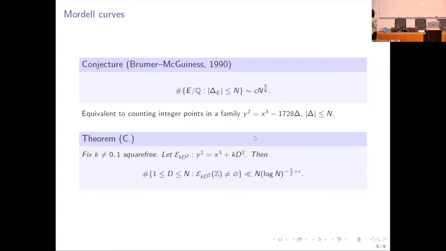So if I take k equals 1, there are actually some 3-torsion points that are also integral points in the family. So as written, it's not true, and we will need to remove the 3-torsion points here. But k equals 1 is kind of work in progress, and if I have time at the end, I will maybe state the result.